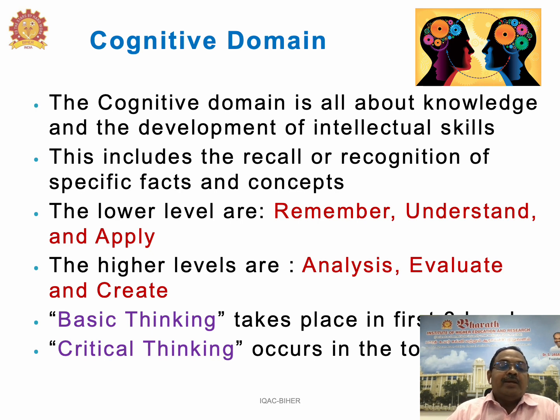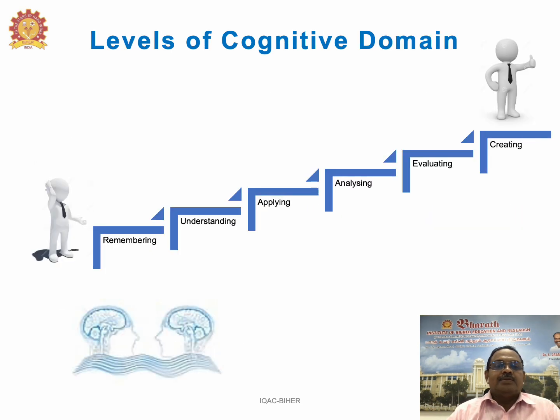Basic thinking happens only at the lower levels of remember, understand and apply. Critical thinking is possible only at the upper levels: analysis, evaluate and create. So kindly remember the levels in the cognitive domain. The lower level is remembering and the upper level is creating.